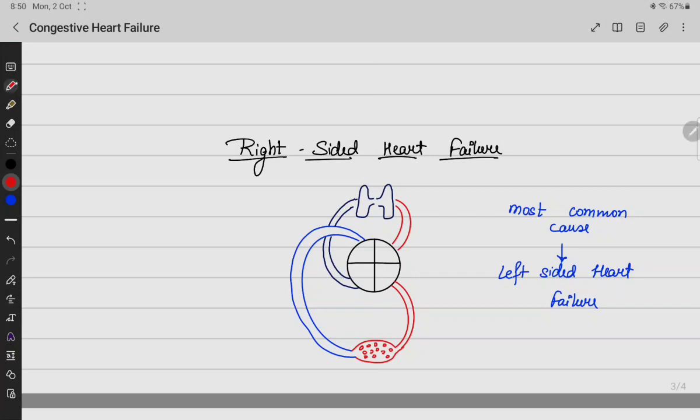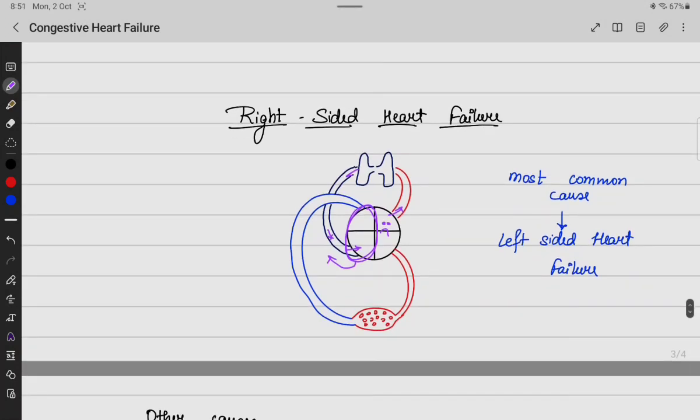So when the left side isn't working so well, it will lead to back pressure in the pulmonary circuit, which will ultimately lead to back pressure here, and the right side of the heart will need to work against increased resistance, which can lead to right-sided heart failure as well. So the most common cause of right-sided heart failure is left-sided heart failure, which is very important.